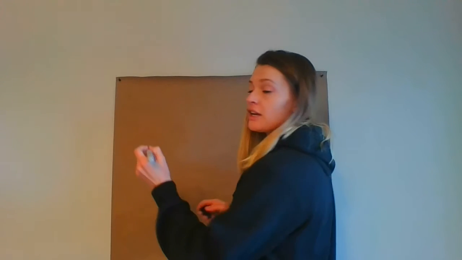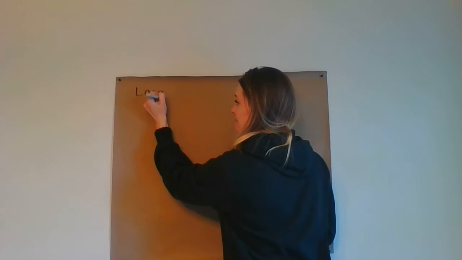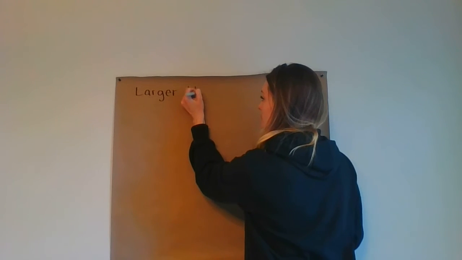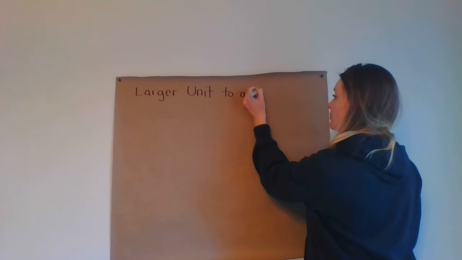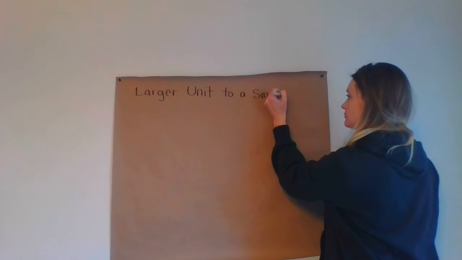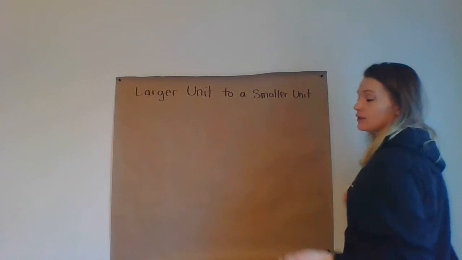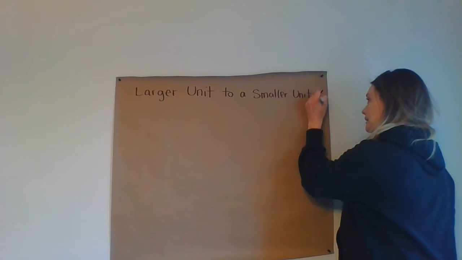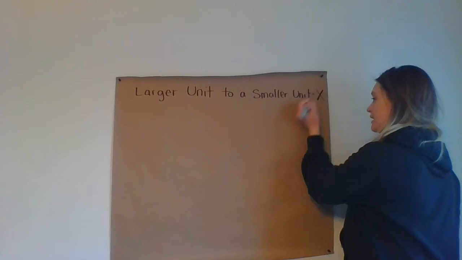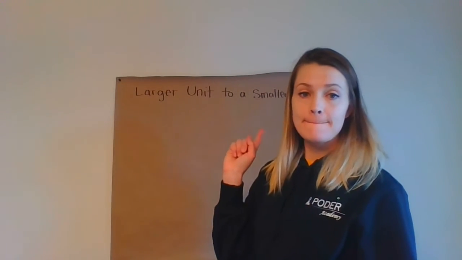Here's the basic rule, which we already know: if you're going from a larger unit to a smaller unit, you have to multiply. Larger unit to smaller unit, multiply.